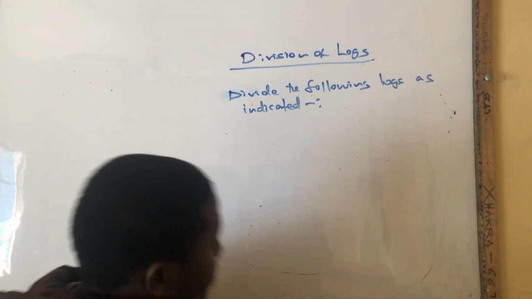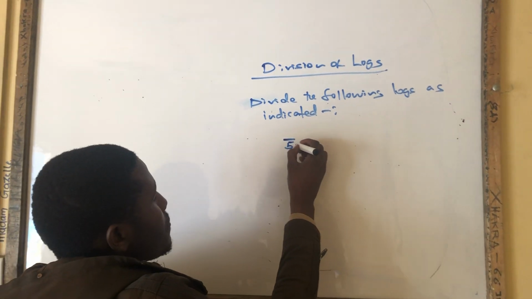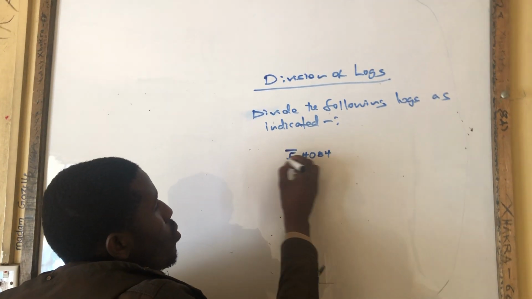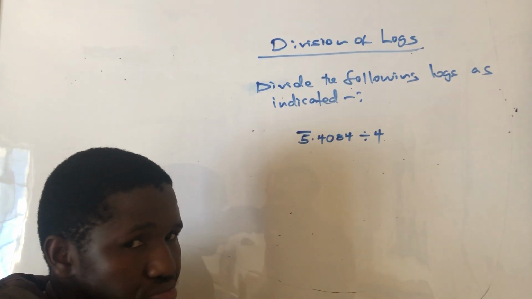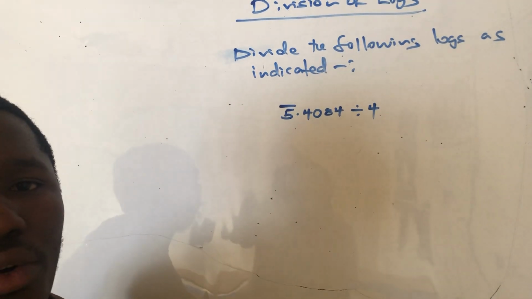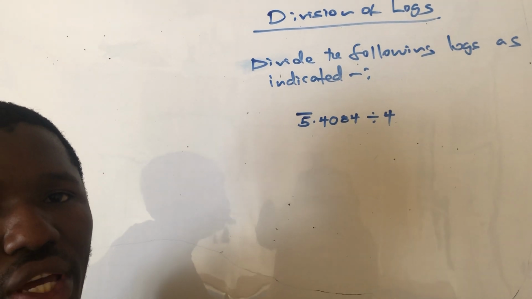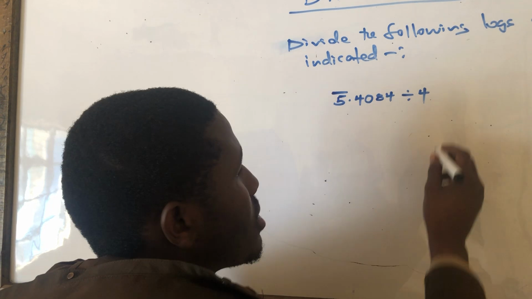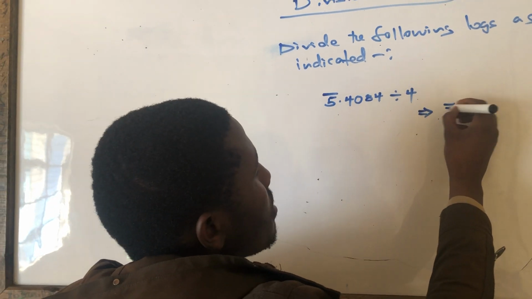Let's consider bar 5.4084. We want to divide by the number 4. Follow this one with me closely again.